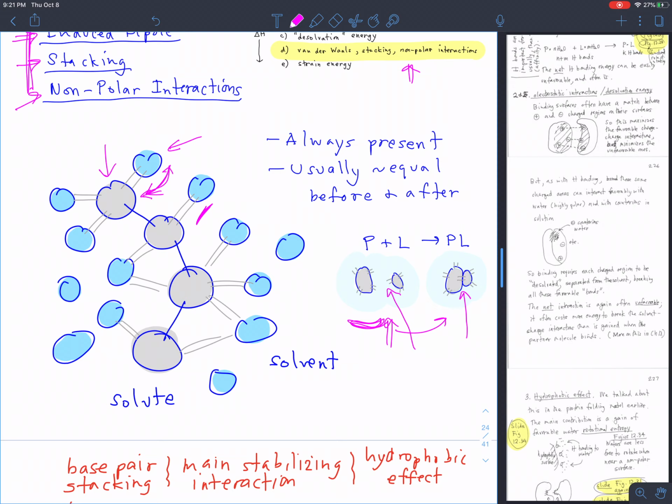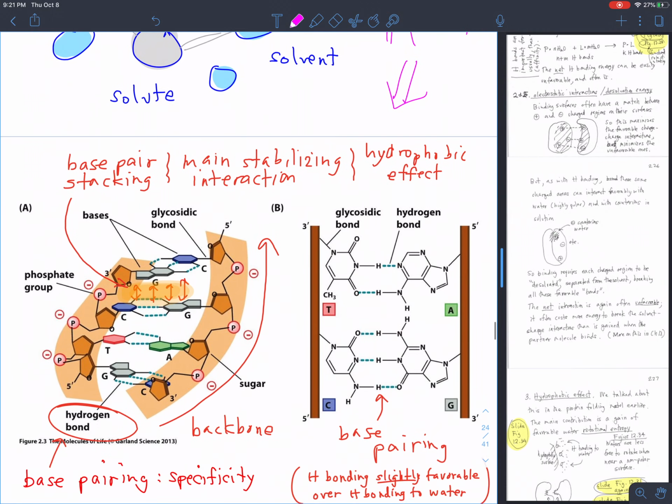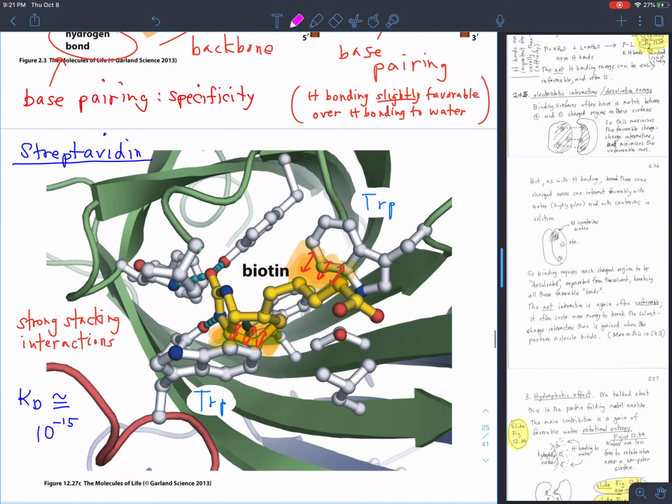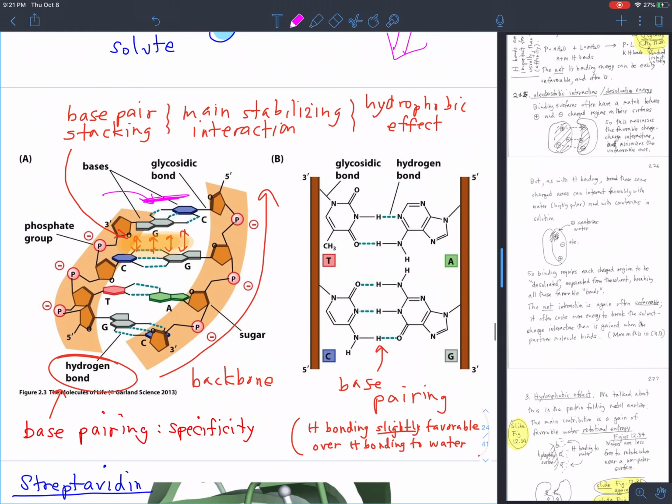There is, however, that's the overall statement, but there is an exception. And that's when you have conjugated molecules, conjugated aromatic pairing kinds of molecules, like the bases in DNA, or like aromatic residues like tryptophans in a protein.